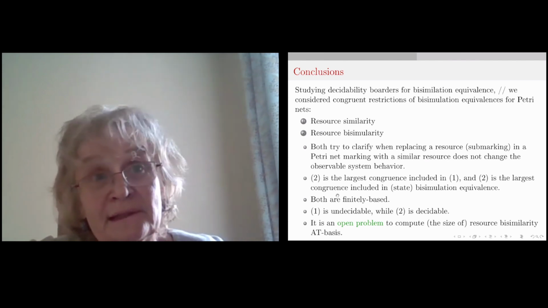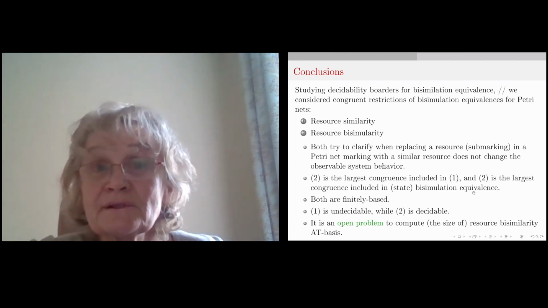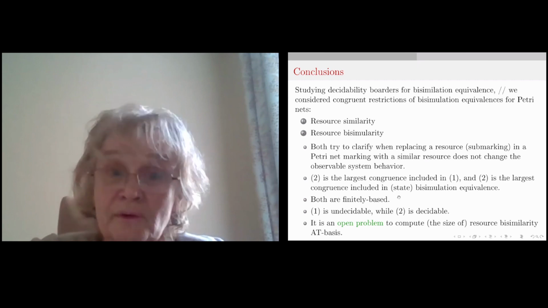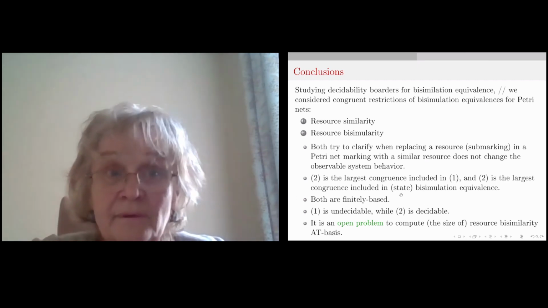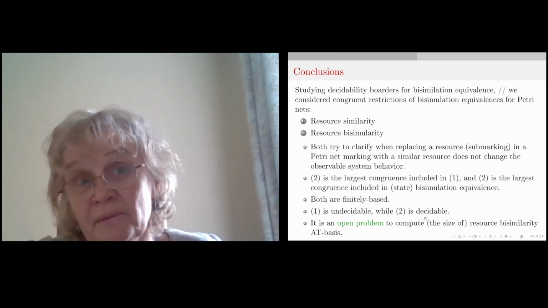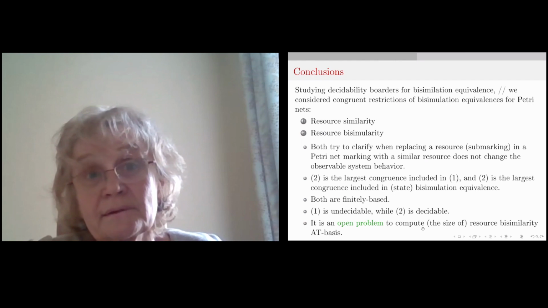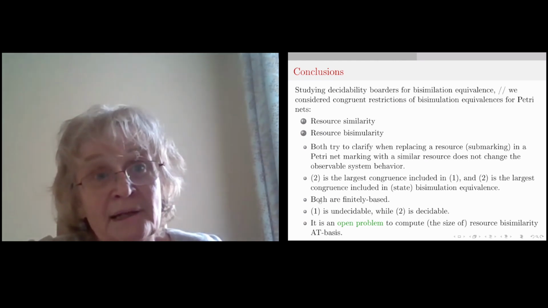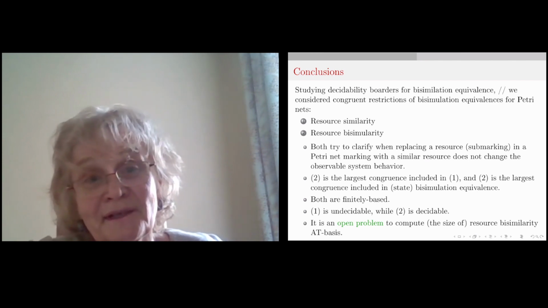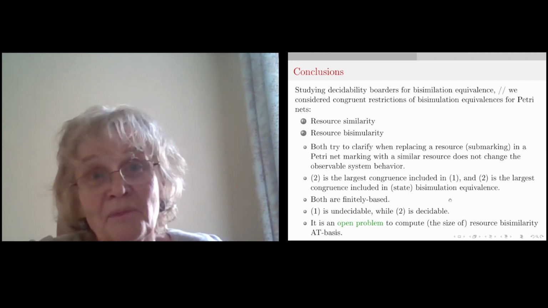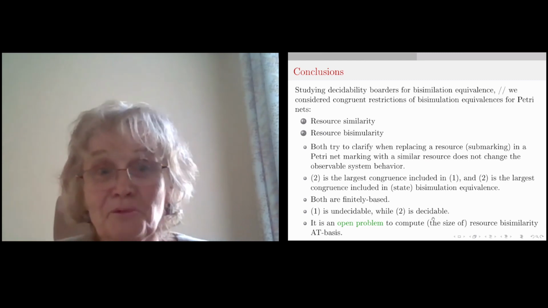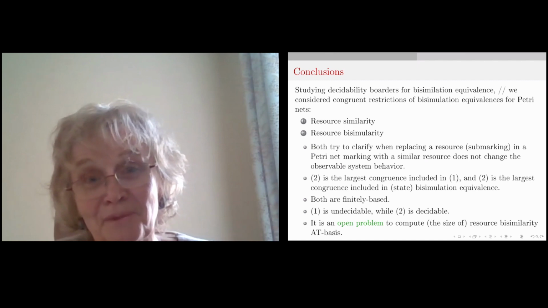And the second is the largest congruence included in classical bisimulation equivalence. Both of them are finitely based, but the first is decidable and the second is undecidable. And of course, for the undecidable relation we can't compute its additive transitive basis, but computing it for the decidable relation is an open problem.